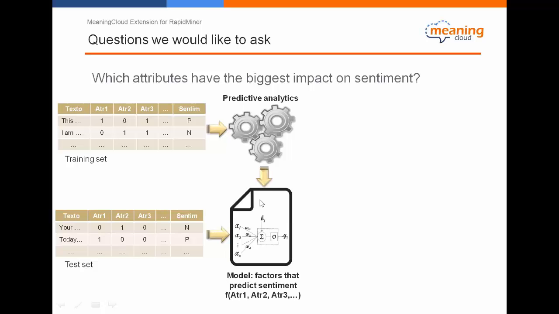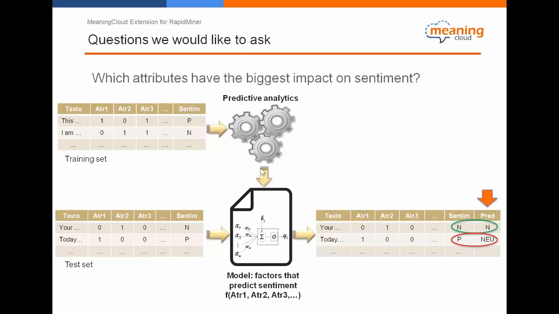And I'm going to pass the set through my model to see what's the result in terms of the predicted sentiment. So this step will add another attribute, the predicted sentiment, that will be the same as the true sentiment or different. In this case, the model will have failed in the prediction, and I'm going to evaluate the quality of this model.